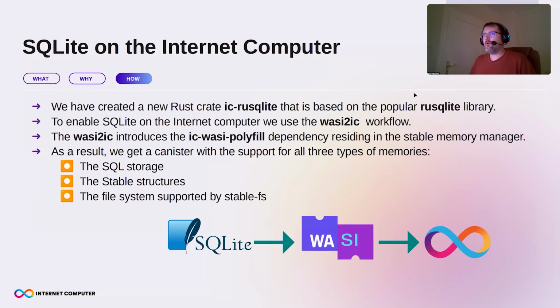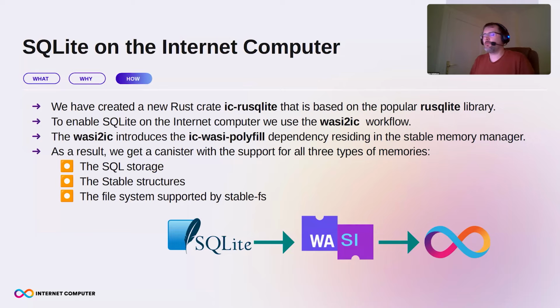Now, how can we do it? There was a previously known project, IC SQLite, but it has its own solution and limitations. In my case, I've created this IC SQLite crate, which you can use in your Rust canister, and it's based on the popular SQLite library, which internally also uses SQLite.